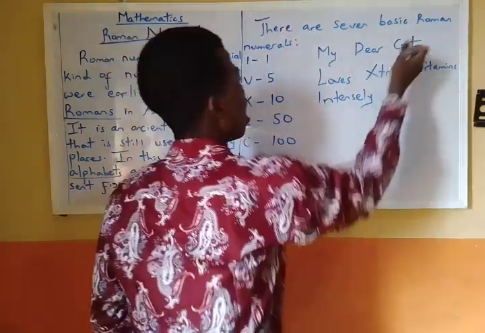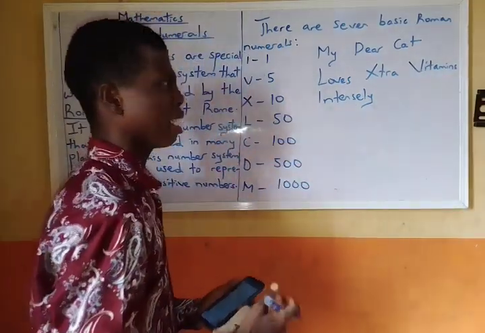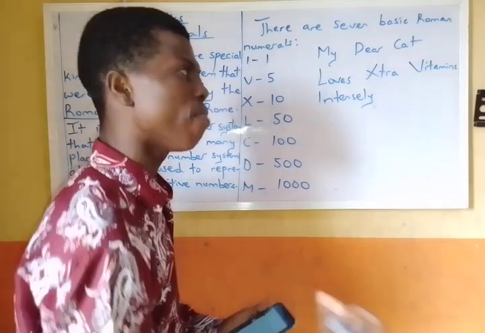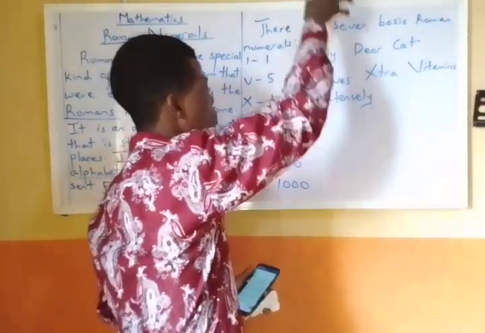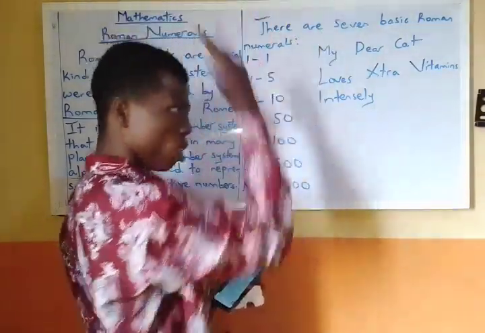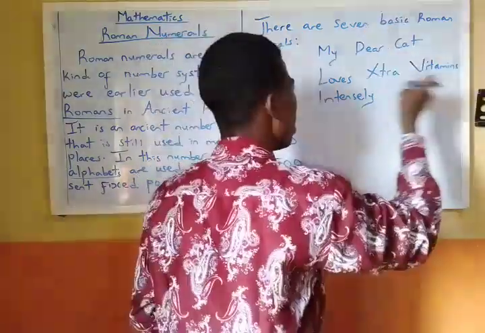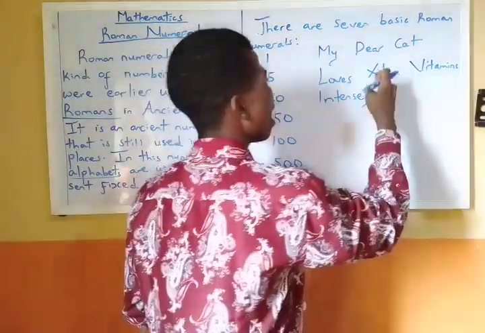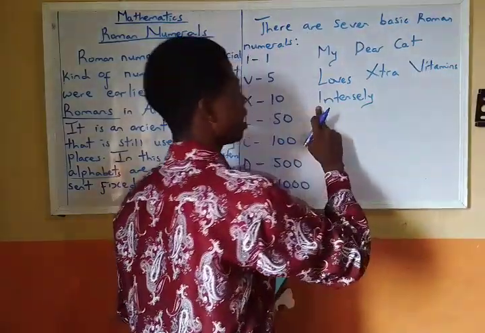If you remember that, you remember that from the highest, M is 1000, then D is 500, C is 100, L is 50, X is 10, V is 5, and I is 1.